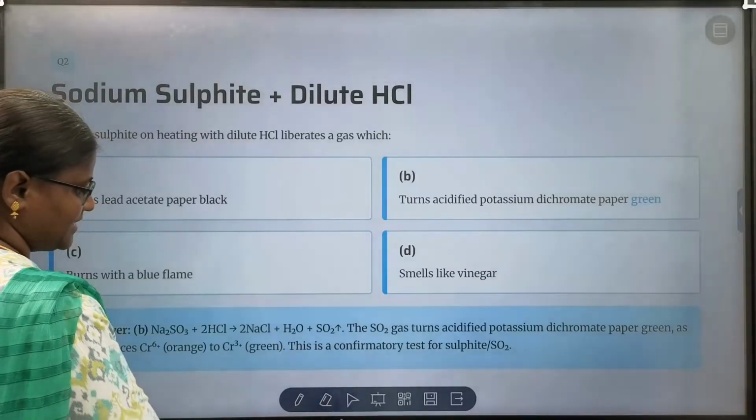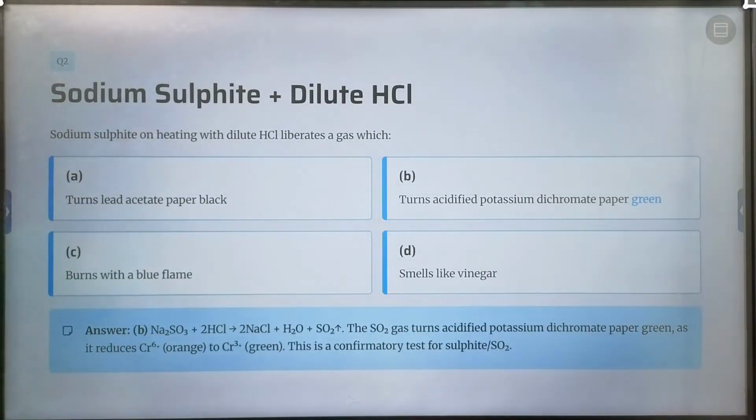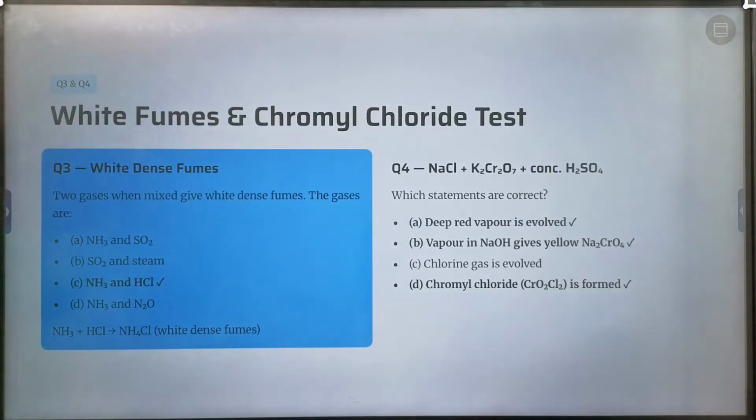I hope I made it clear and you understand this. We'll move on to the next question. See, two gases when mixed give white dense fumes. Then the gases are, that I already told you. So it is the confirmatory test of ammonia, right?